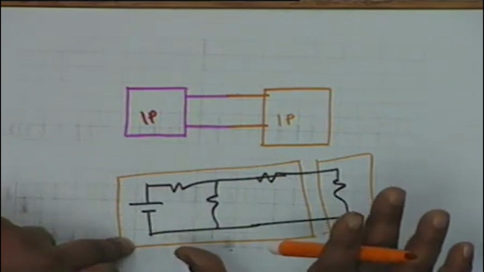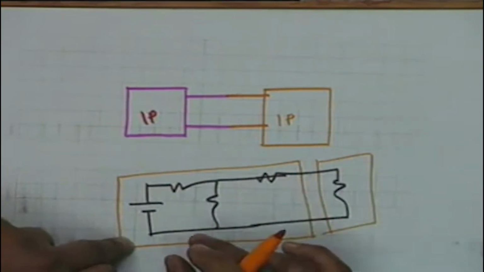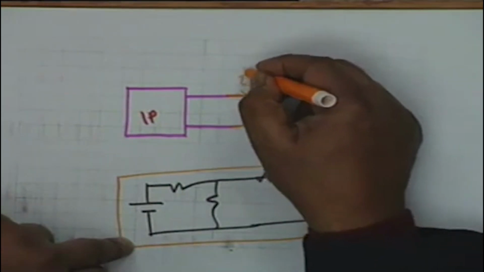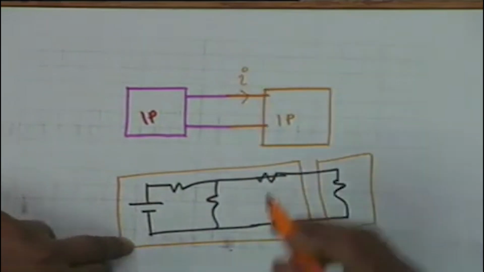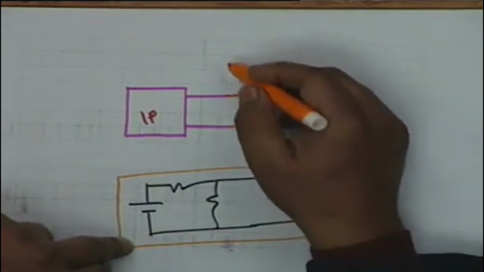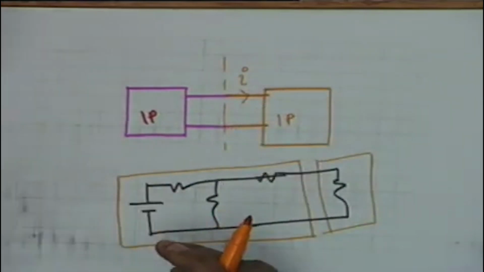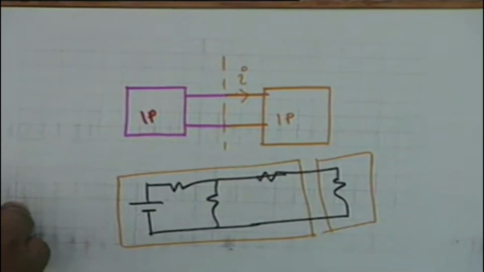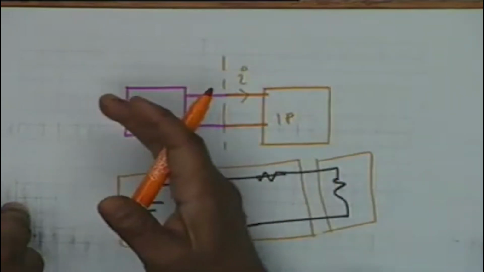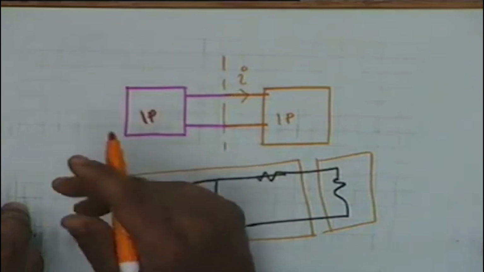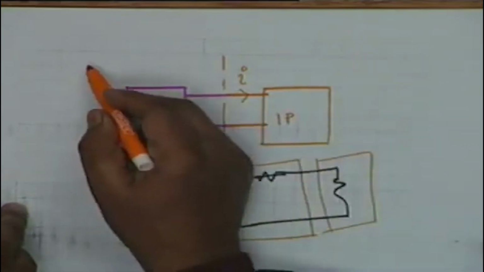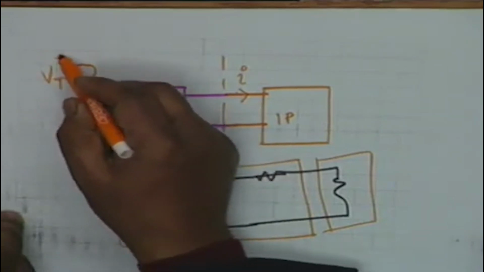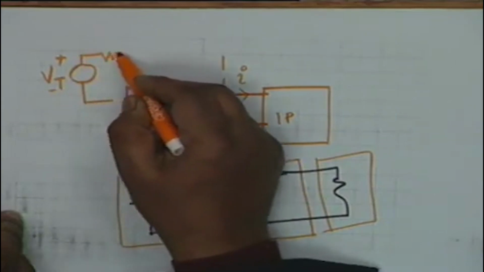Now whatever be the composition of the 2 one ports, it turns out that in so far as this current is concerned, let us say I, the one port to the left can be replaced by an equivalent circuit, and this circuit consists of a voltage generator Vt in series with a resistance Rt.